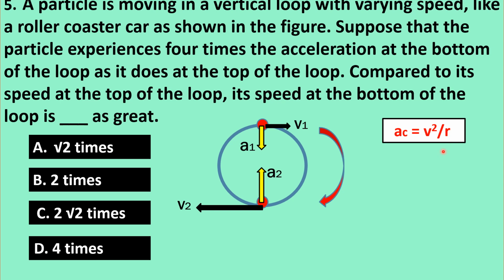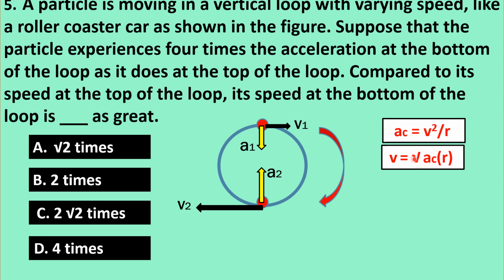Now if you isolate the formula for v, it becomes v is equal to the square root of a_c times the radius r, because it is the velocity that we want to determine, as to what's going to happen to the velocity if the acceleration is changed.